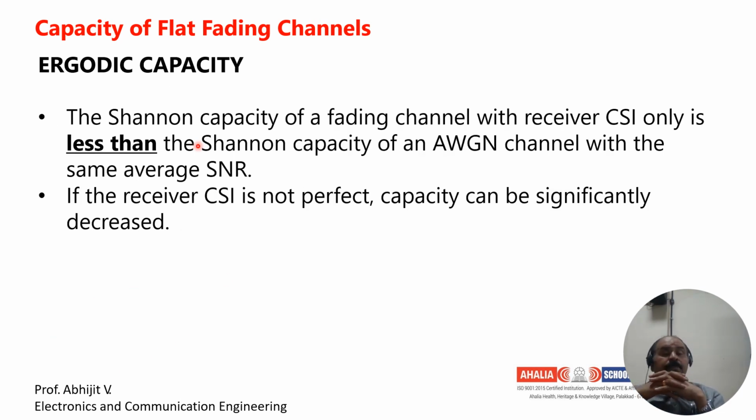The Shannon capacity of a fading channel with receiver CSI only is less than the Shannon capacity of an AWGN channel with the same average SNR. If the receiver CSI is not perfect, capacity can be significantly decreased.